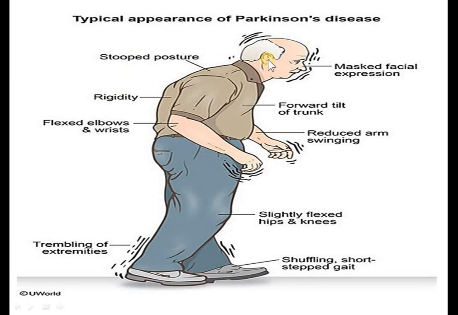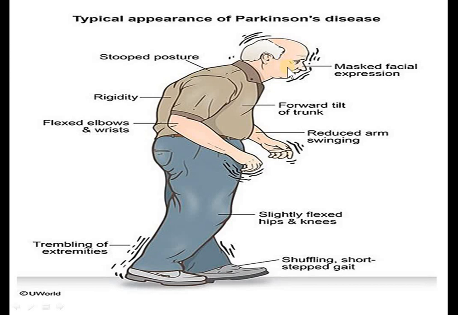So we'll see the typical symptoms of Parkinson disease. You can see on the screen, there is one old man. So what are the symptoms? First is a masked face expression. The facial expression becomes stiff, like what actors give as expressions; that expression the patient cannot give. So the patient who is suffering from Parkinson disease will not be able to express using facial expression.